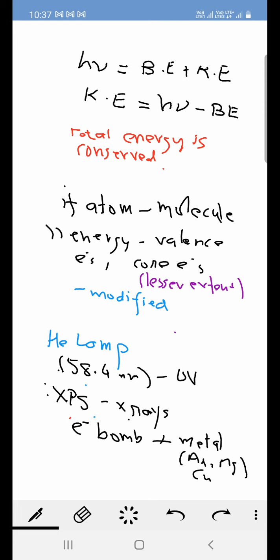So with that we get different radiation. For example, if it is copper K alpha, the wavelength is 1.54 angstrom, and if it is aluminum K alpha, it is 1486.6 electron volts.